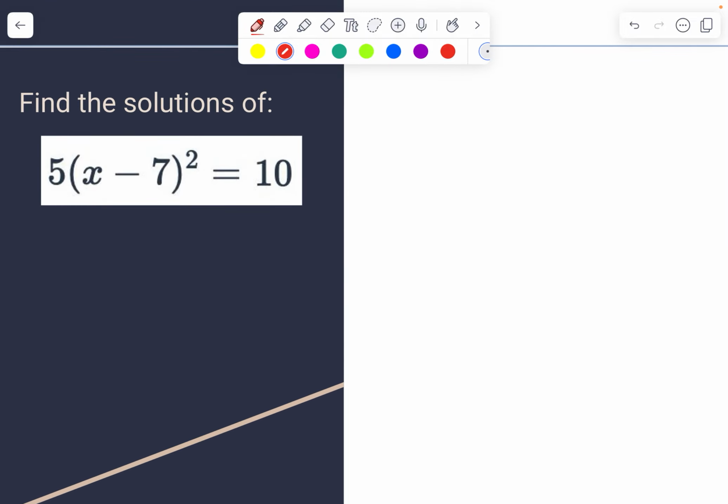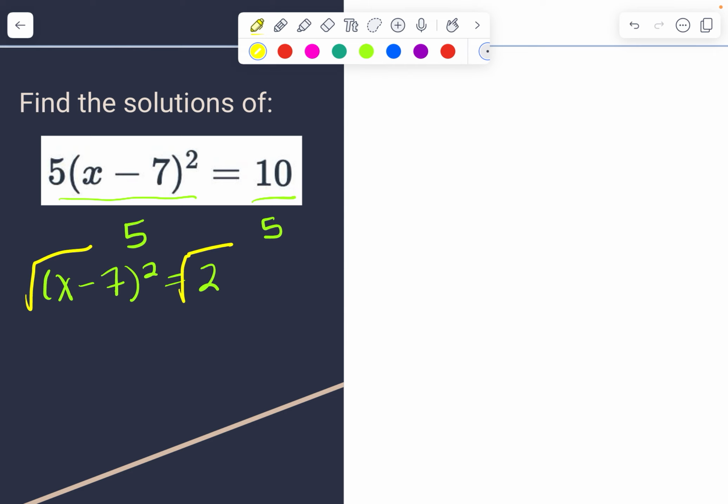All right, this one looks a little bit different. To start this one, we have to get rid of the 5 first. So we'll divide both sides by 5. And then I get x minus 7 quantity squared equals 2. Now we take the square root. Because that's in parentheses, we'll take the square root first, and then we'll get rid of the 7.